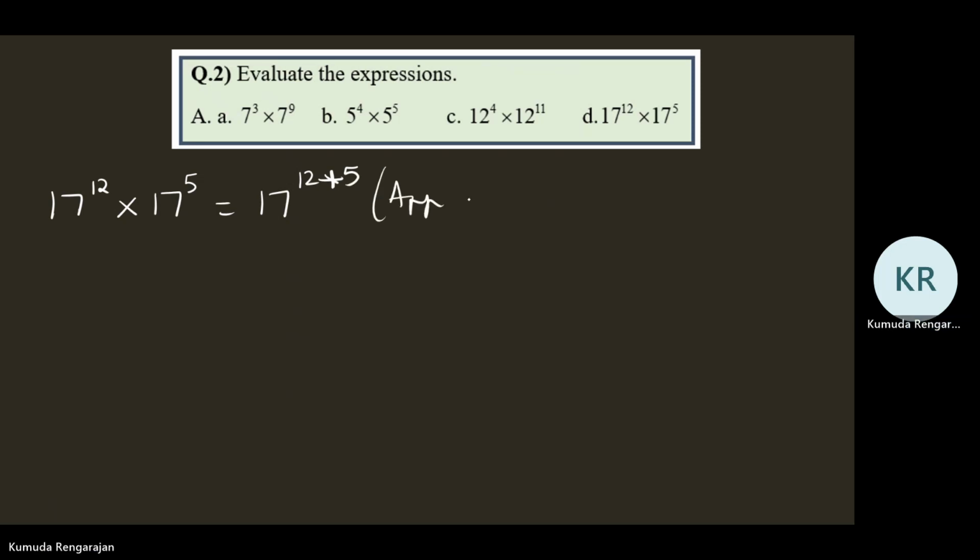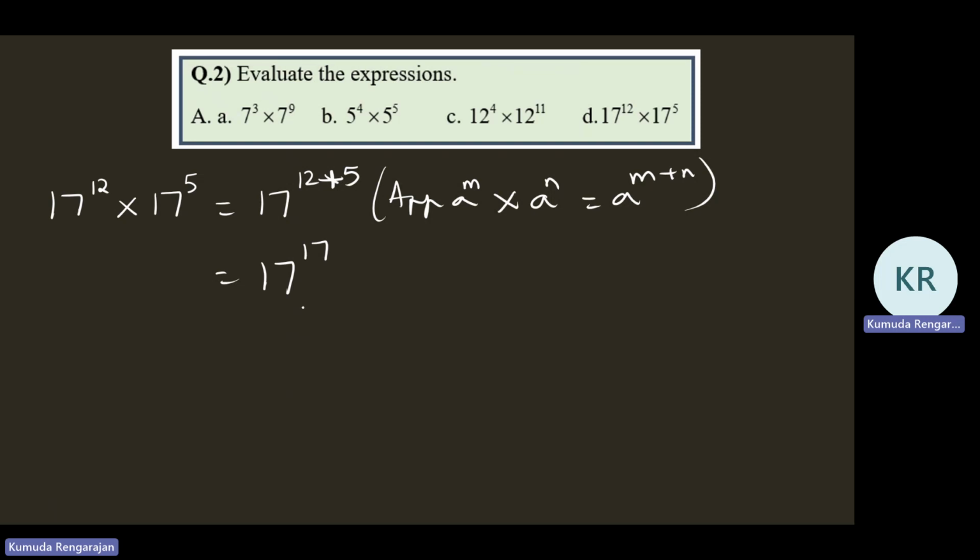Applying a raised to the power m into a raised to the power n is equal to a raised to the power m plus n. Very good. So 17 to the power 17. That's all. Now this will be too big, too large to solve.